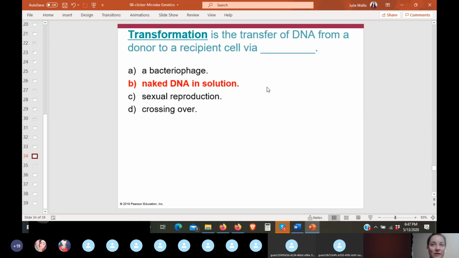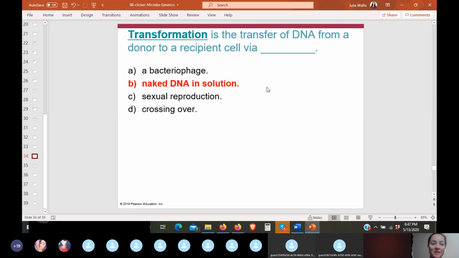If you remember the studies or findings that contributed to understanding that DNA was the genetic material, the idea of transformation was one of those, because the smooth strain of bacteria was able to transform the rough strain of bacteria.